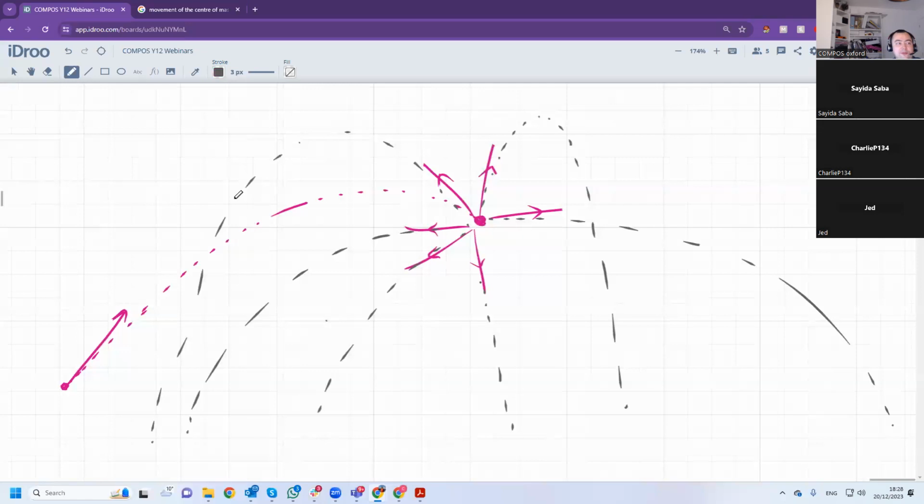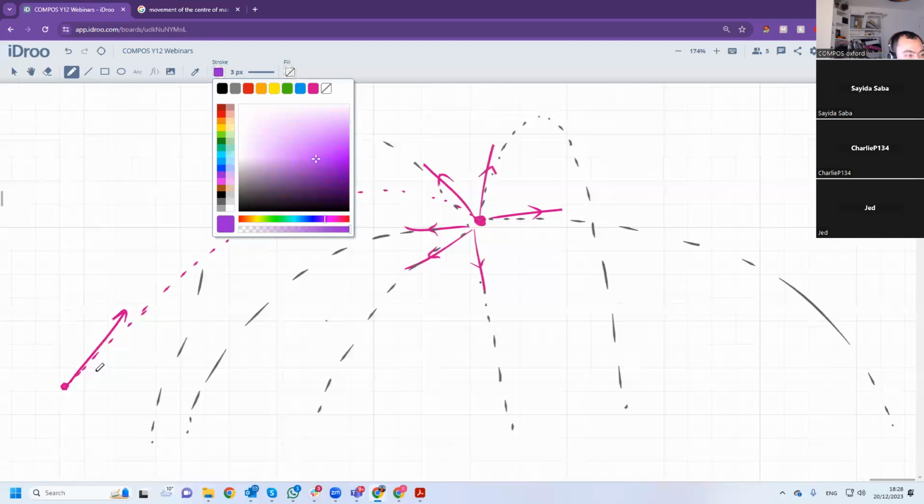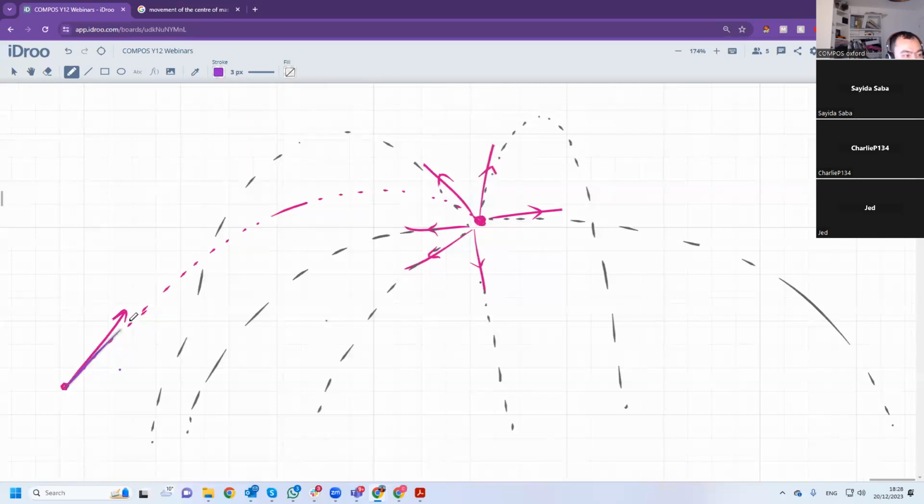Like a firework. But the center of mass of the system would carry on in the original path.